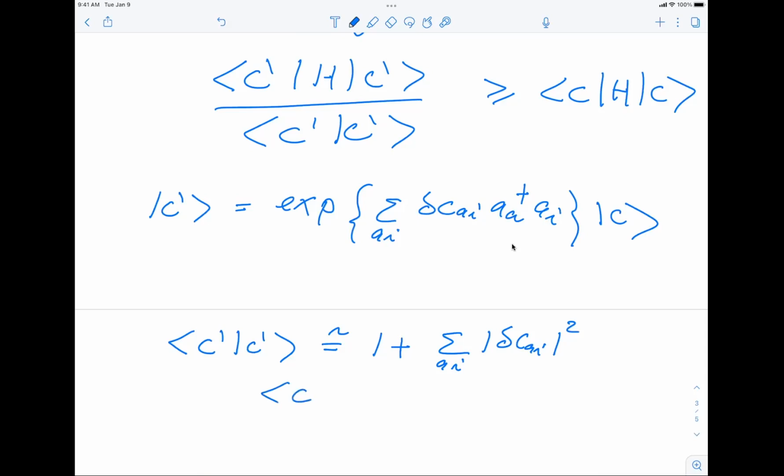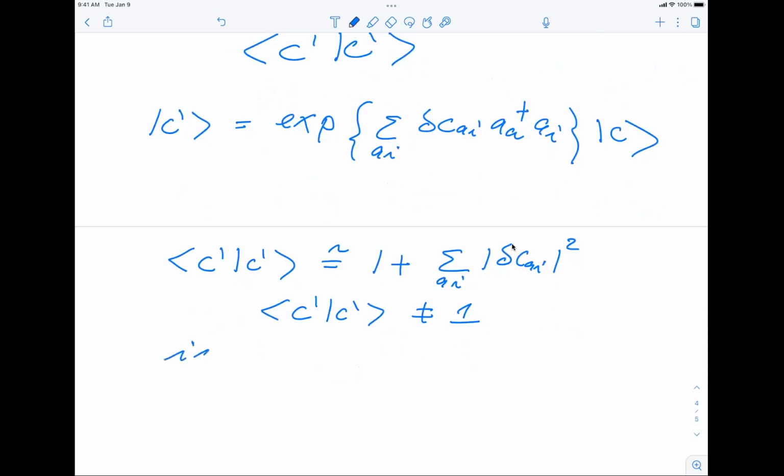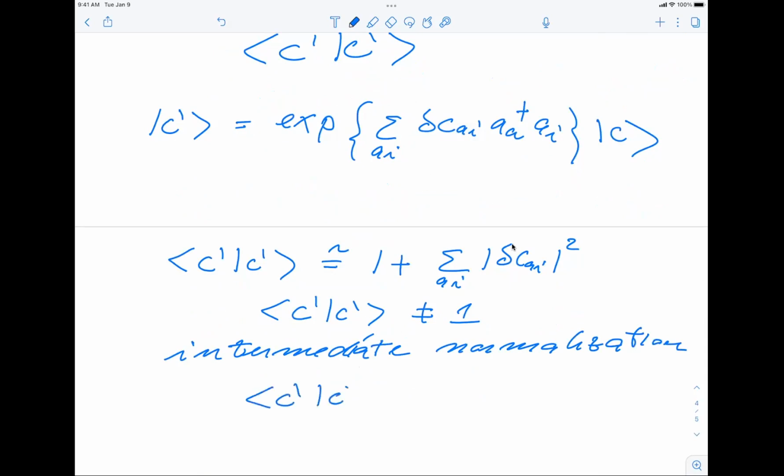So we have also assumed that this C of C prime is different from 1, but it's non-zero. Then we can also use what we introduced a little bit earlier, which we call intermediate normalization. You can always redefine the way you normalize something, and then we can just use this property here, that this is equal to 1.